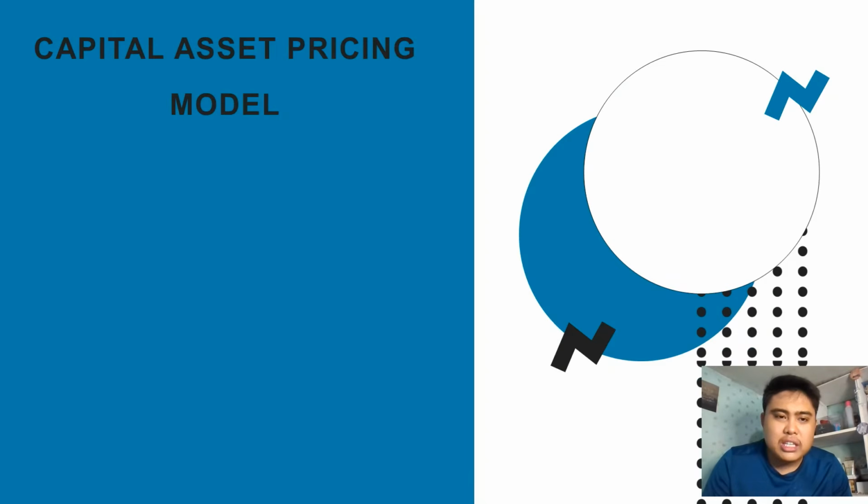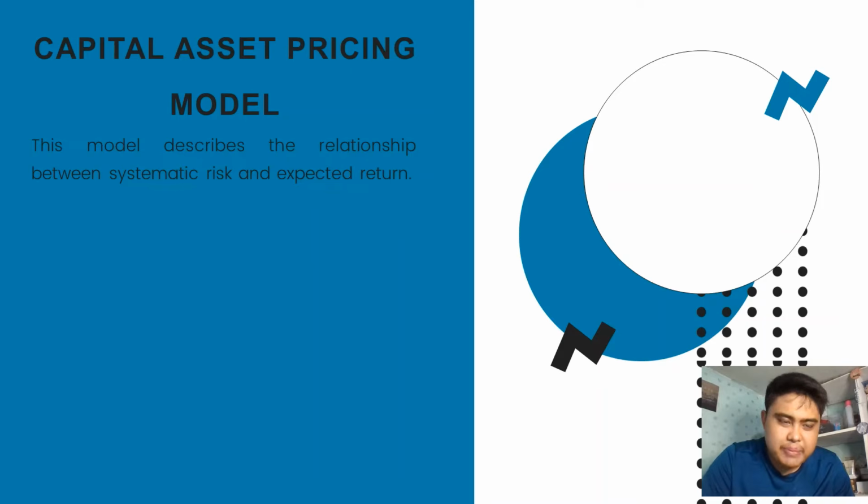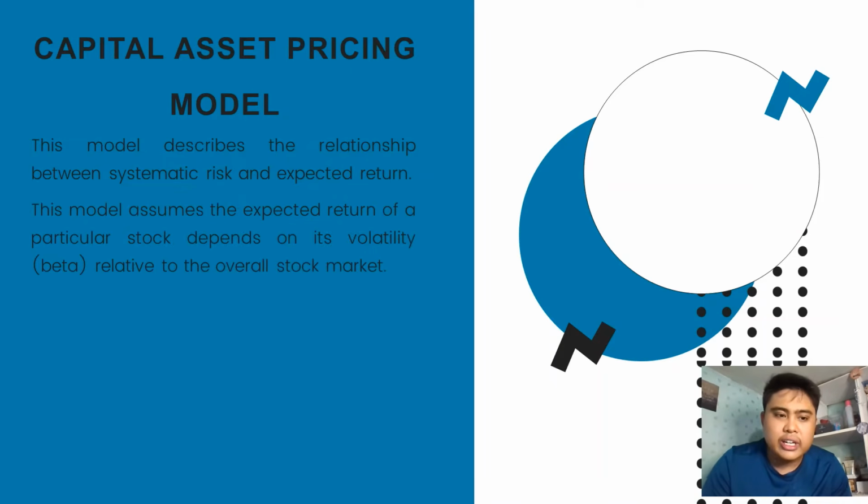Let us proceed to your capital asset pricing model. Take note, this model describes the relationship between systematic risk and expected return. And this model assumes the expected return of a particular shares or particular stock depends on the volatility relative to the overall stock market.